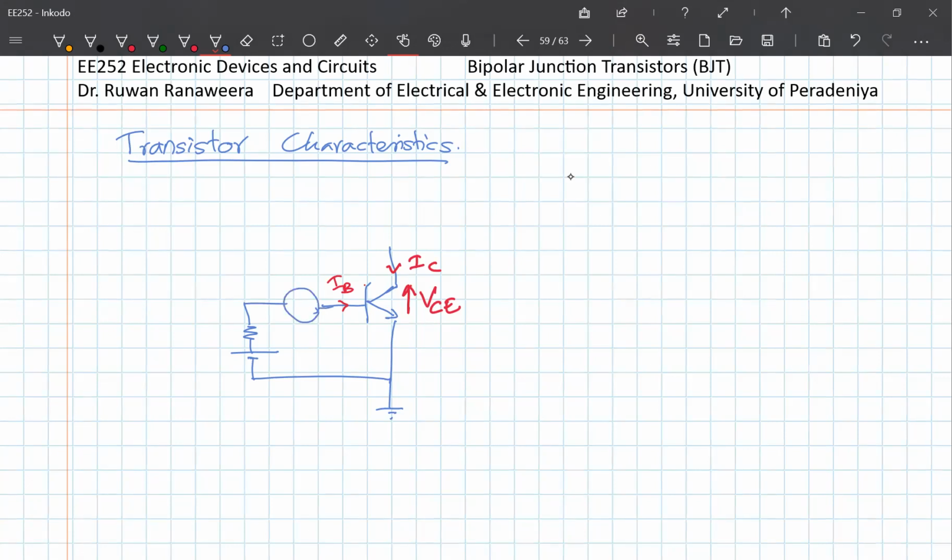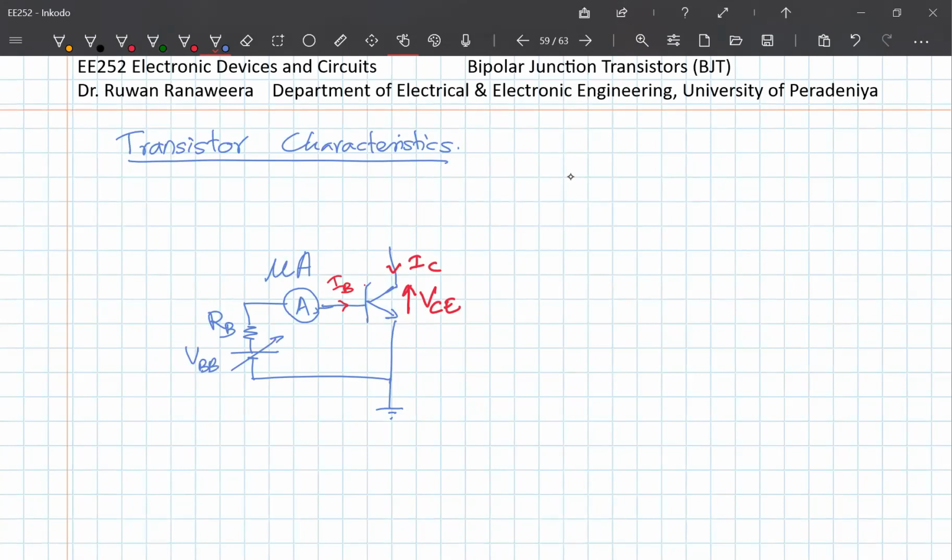But this current is very small, in the microampere range, so this is a microammeter. This is a fixed resistor RB, and I'm going to change this voltage. We call this VBB.